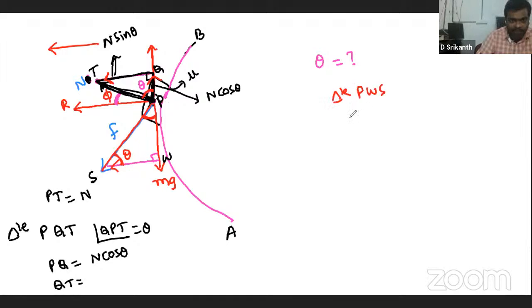PWS, PS is equal to the frictional force. Angle PSW is equal to theta. Find the values of PW and WS.